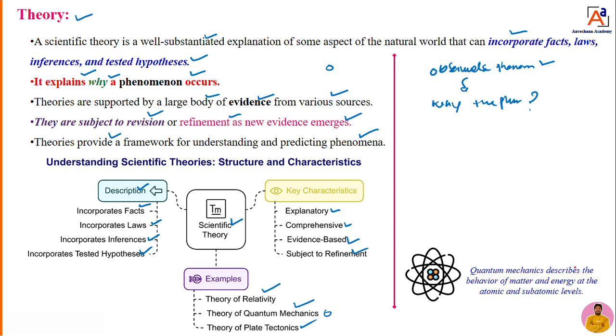Quantum mechanics describes the behavior of matter and energy at the atomic and subatomic level. Quantum mechanics is a theory. It is going to explain the behavior of matter and energy at the atomic and subatomic level. That is nothing but what? Theory. To understand theory and law better, I will take some live examples and I will try to teach you, dear students.